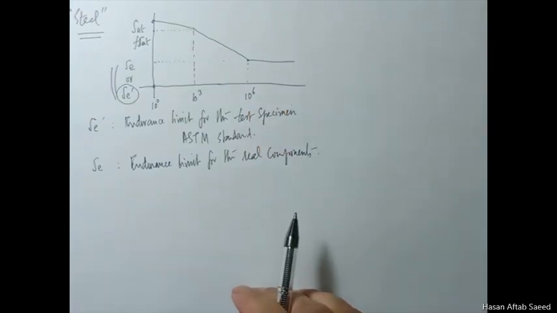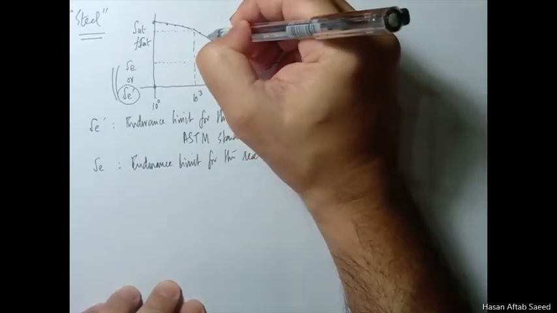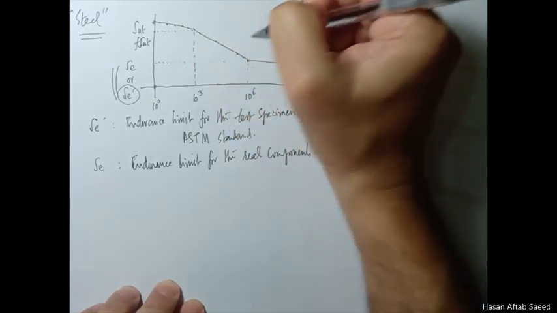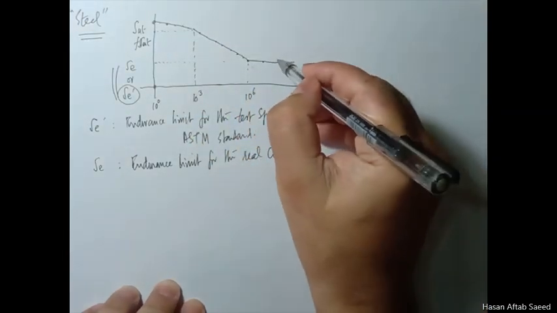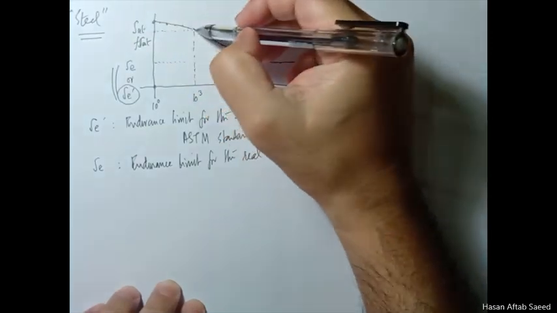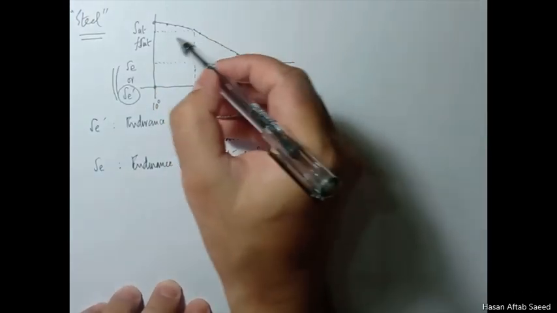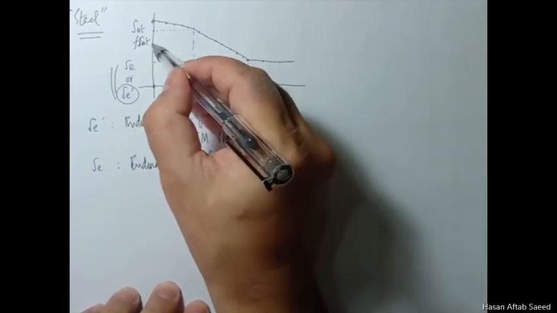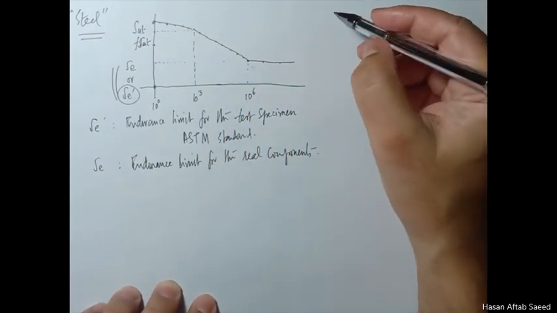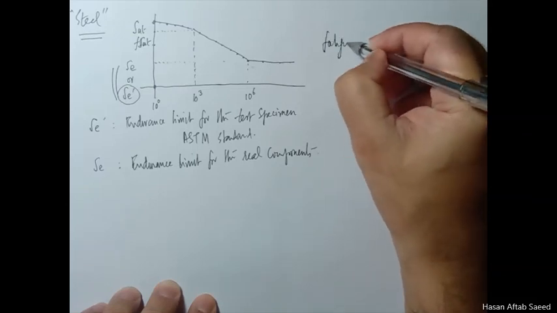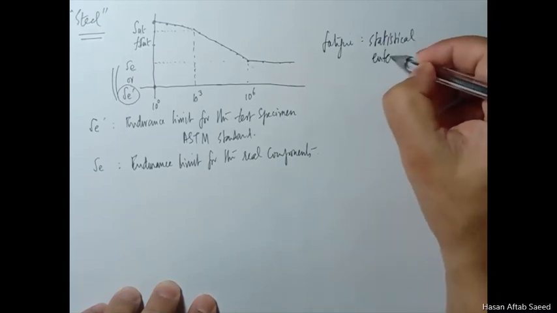Now, it's important to know that this line, one would be forgiven to think that there were points like these and there were so many specimens that were broken and not broken in this case, and you just drew a line through them. But that would be a mistake, because for any level of stress, and please recall that in our last class we said that fatigue is a statistical enterprise.